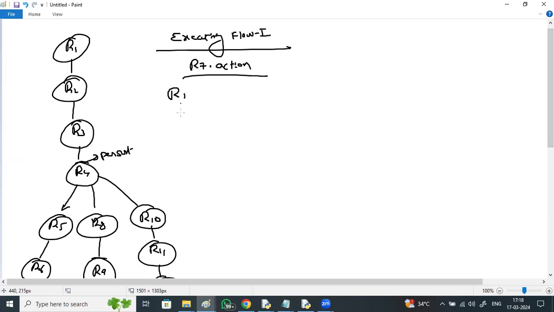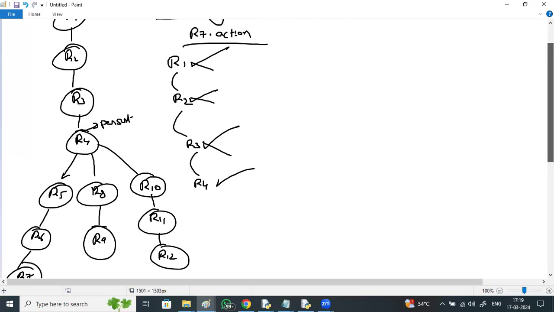So first R1 gets loaded, and R1's output is collected by R2. R2 is ready and computed, R1 gets removed. R2 output is taken by R3, loaded and computed, R2 gets removed. R3 output is taken by R4, R4 is loaded and computed, R3 gets removed.